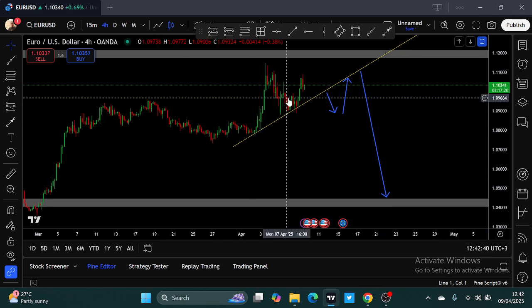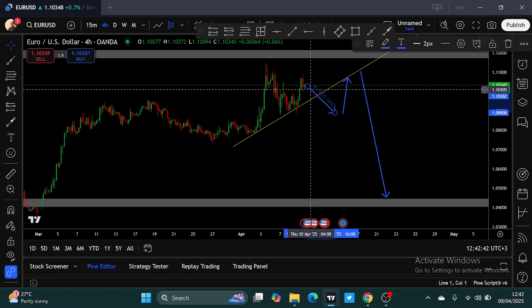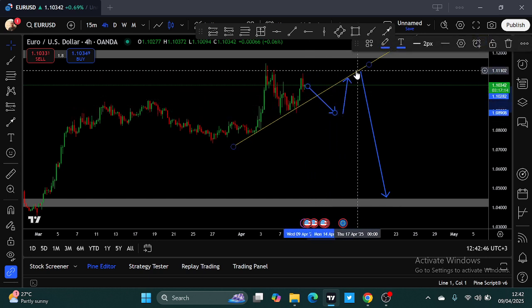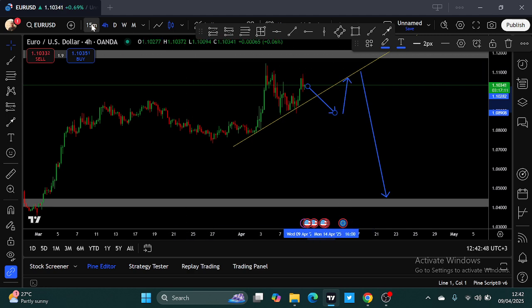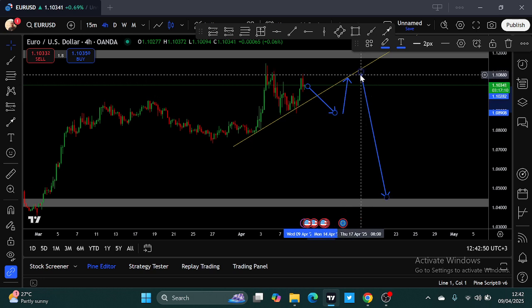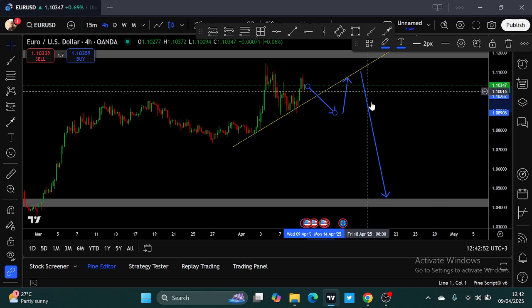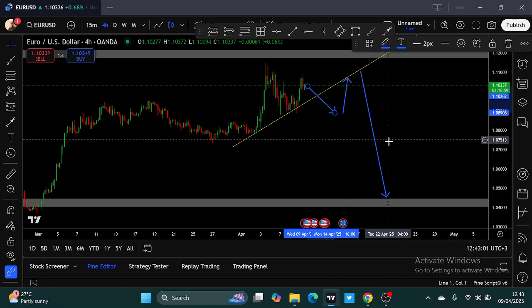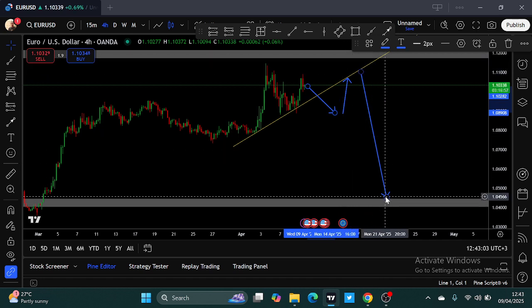I'm going to wait for this price to come and break here, then we go for a retest, and from that retest, drop to the 15 minutes time frame, wait for a change of character, and enter for a long-term sell. Put my stop losses about here, because now this area is being cleared, and then we push for a long-term sell up to here.